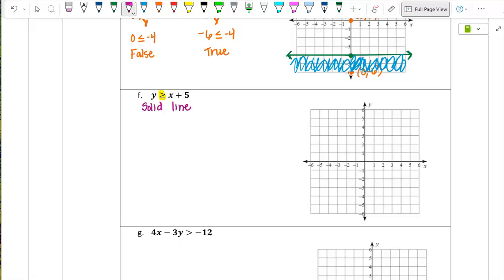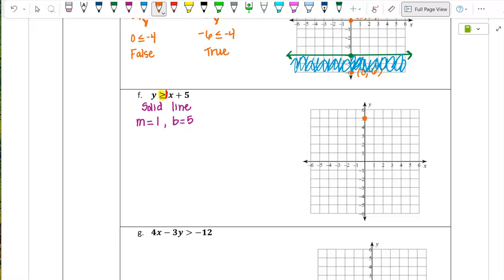What is my slope? 1. Remember, if there's nothing showing in front of that x, that's telling us that's 1. So my slope is 1 and my y-intercept is 5. So I start up at 5.